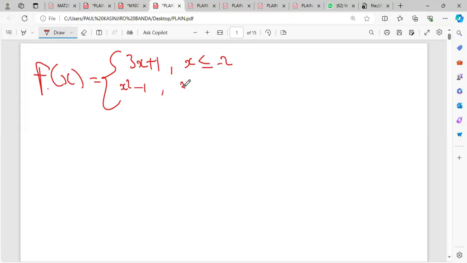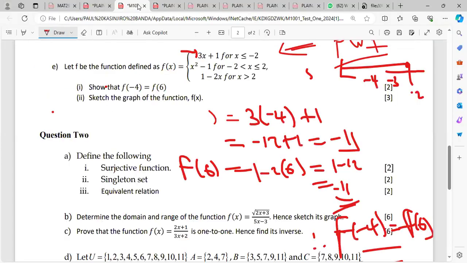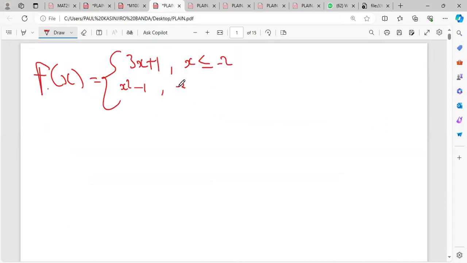Let me check. Okay, minus 2 less than x less than or equal to 2. And then the last one, we had 1 minus 2x for the region x is greater than 2. So this is what we have.